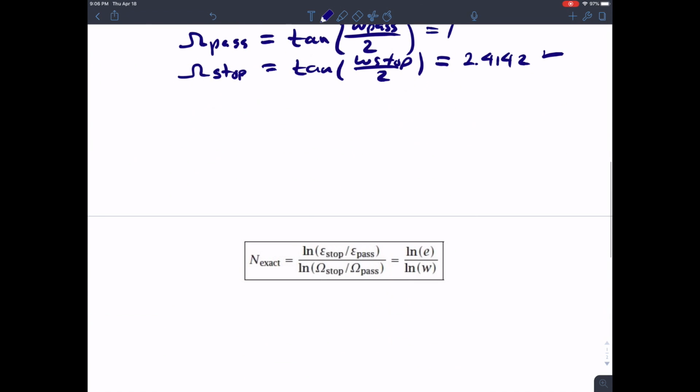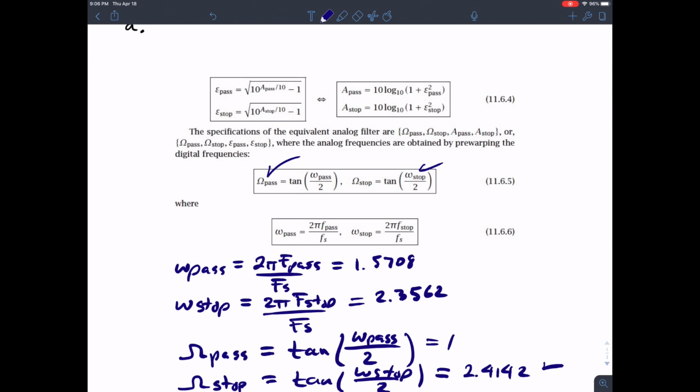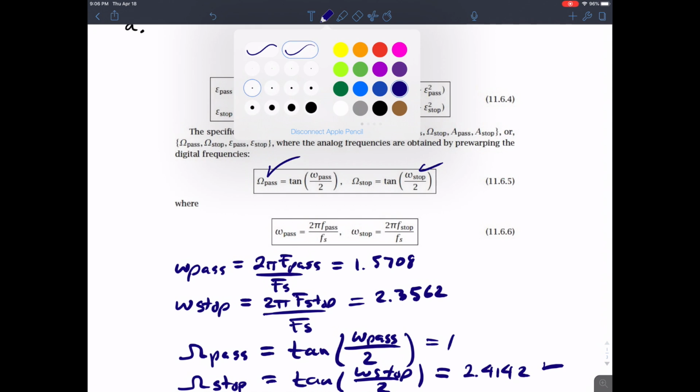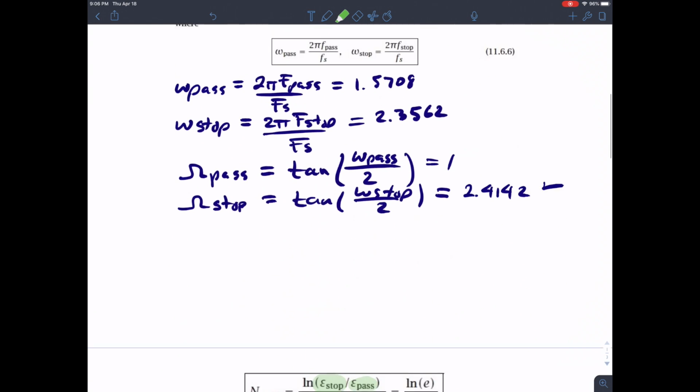To calculate the order of the filter, we also need to calculate, if you look at the formula, epsilon stop and epsilon pass. Those are given by this box up here, from the stop band specification and the pass band specification.